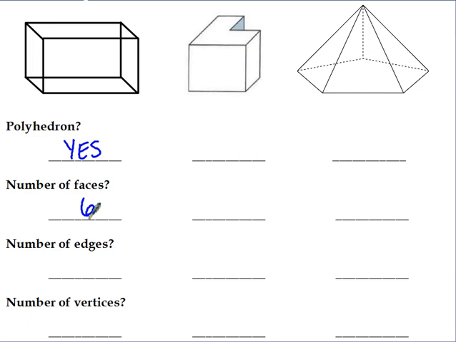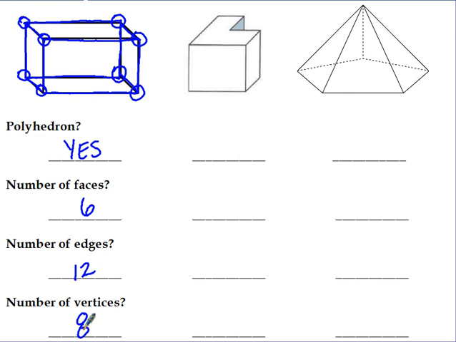The edges, remember, are our straight lines, our segments. I have 1, 2, 3, 4, that's my front, 5, 6, 7, 8, that's the back, and then connecting them, 9, 10, 11, 12. So there are 12 edges. And then vertices, the plural of vertex, are your corners. So I have 1, 2, 3, 4, 5, 6, 7, 8 vertices.